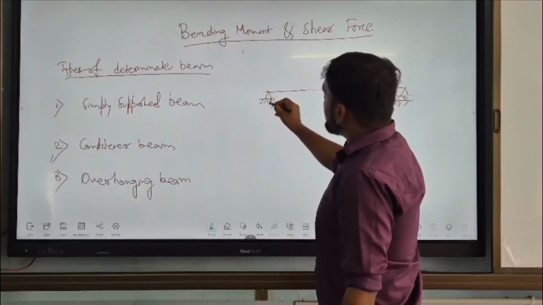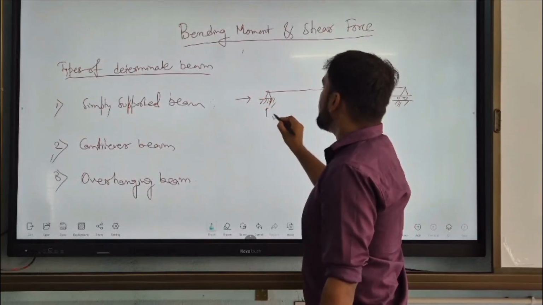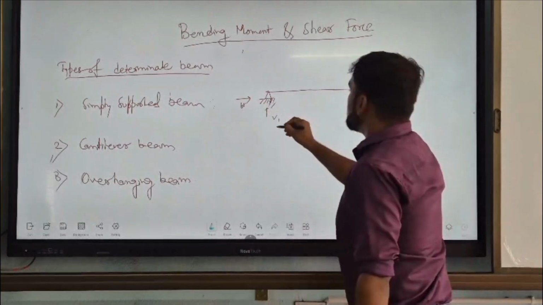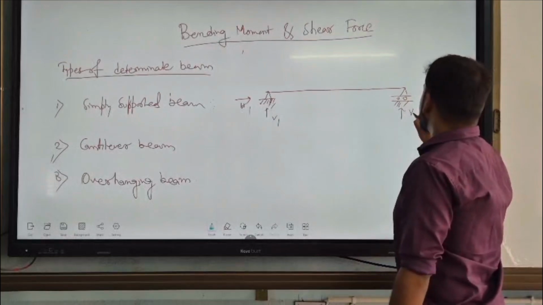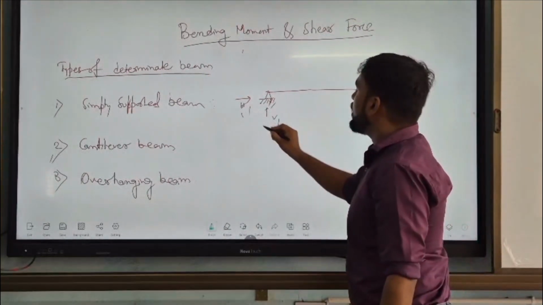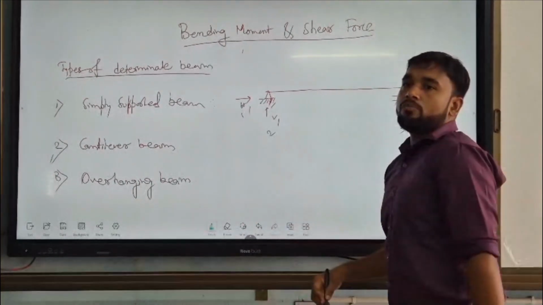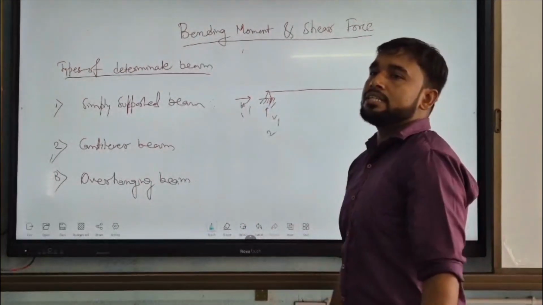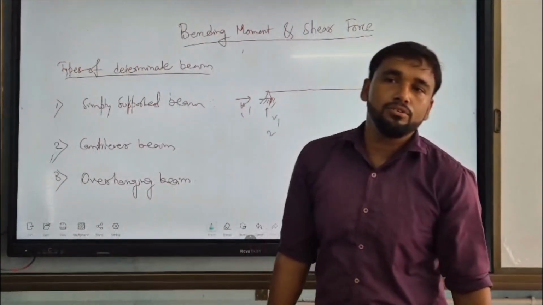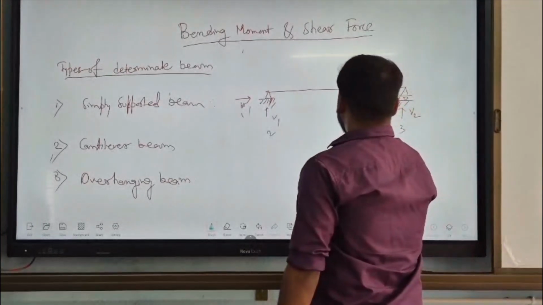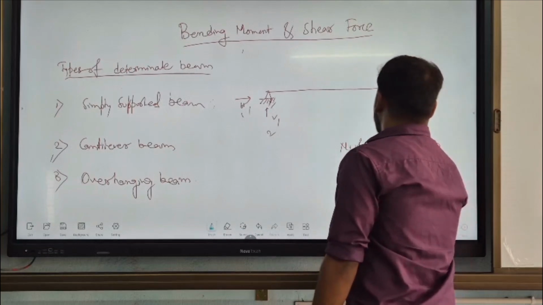Because how many reactions are there in a roller support? There are two reactions in case of a hinge support, vertical and horizontal, and there is one vertical reaction from the roller support. So there are three unknown reactions, 1, 2 and 3. Three unknown reactions, and how many equations are there? 3. Summation of V is equal to 0, summation of H is equal to 0, and summation of M is equal to 0. So number of unknowns is 3.